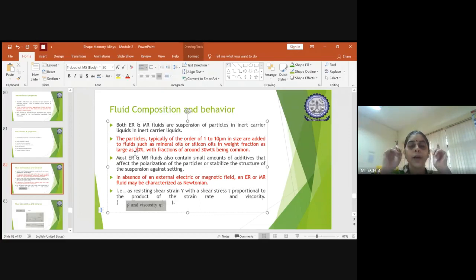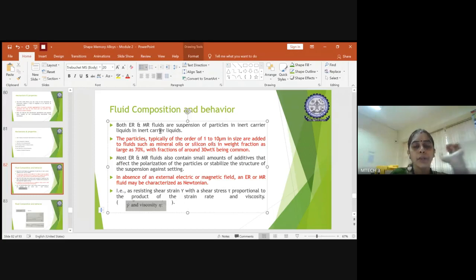So from now, whenever I say fluid composition, it is 70 weight percentage fluid and 30% particles of the active material we are using, called inert carrier liquids. 70% fluid and 30% solid particles.